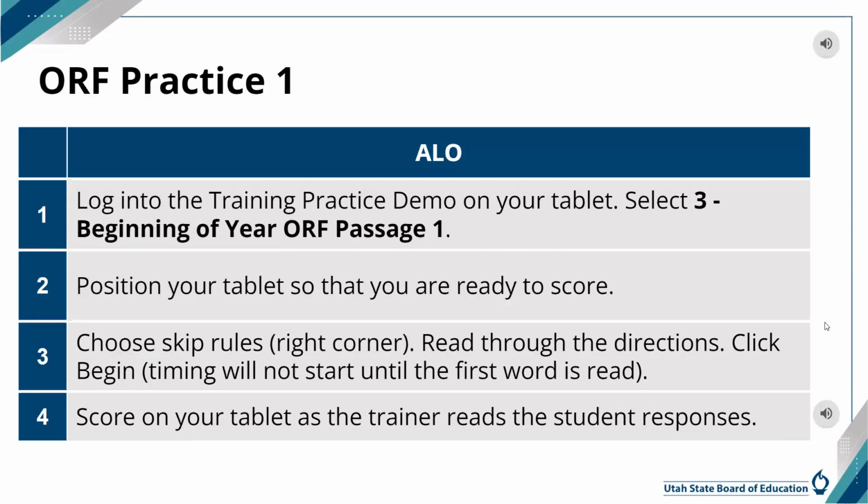We're going to start with 3rd grade passages. So you'll want to select that 3 on your tablet or your device. Beginning of year, first column, choose ORF passage 1.